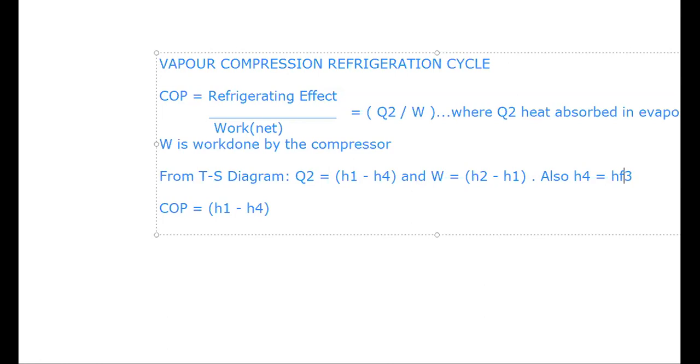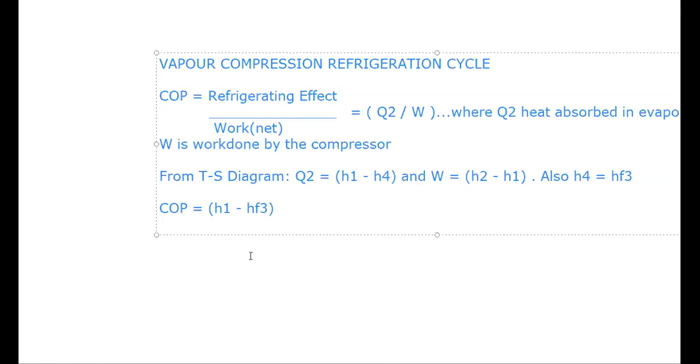H4 is equal to H3, but I am writing F. Why? Because it is on the fluid line. Anything on the fluid line, we will indicate by F, right? So now coming back to the COP formula, Q2 I am representing as H1 minus HF3.